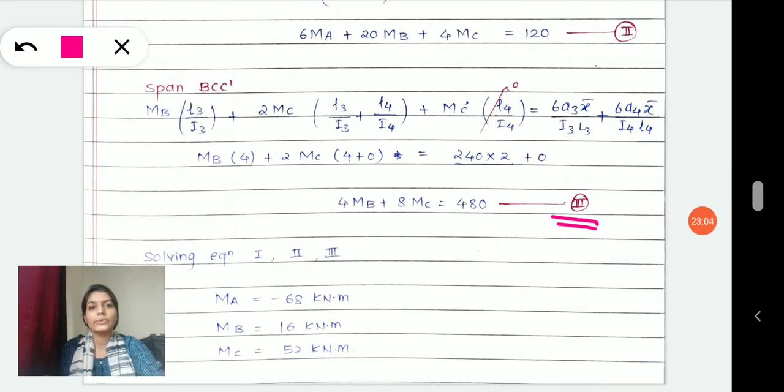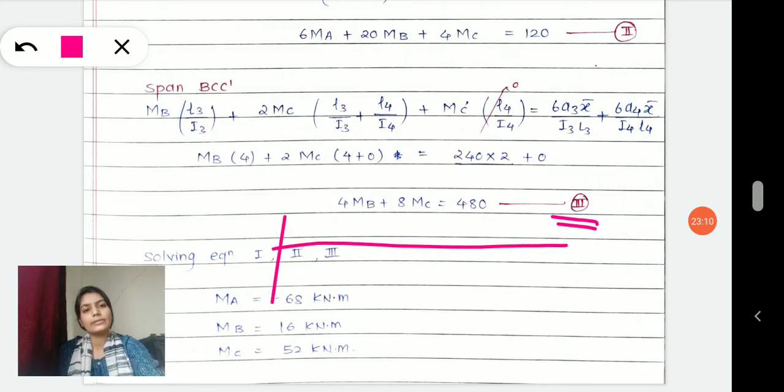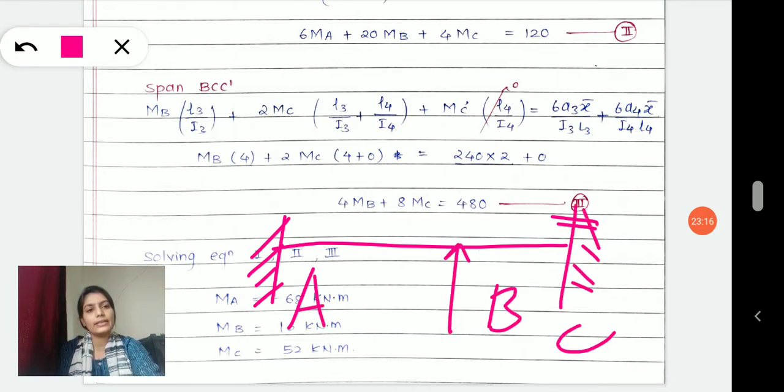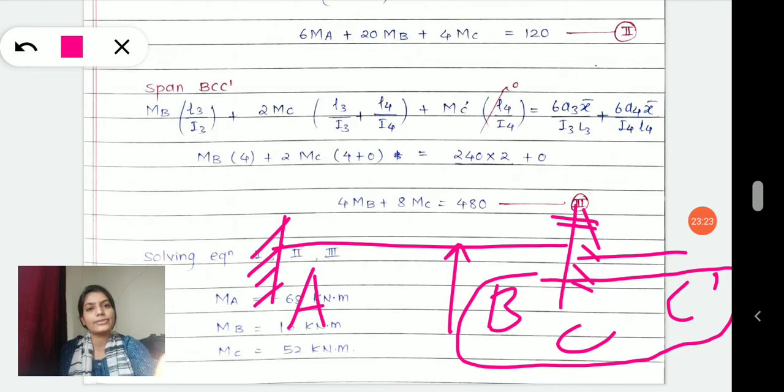So for equation number 3, which span are you writing for? This is your fixed end A, this is your B support, this is your fixed end at C and C dash. Now you are writing the equation for B, C, C dash.